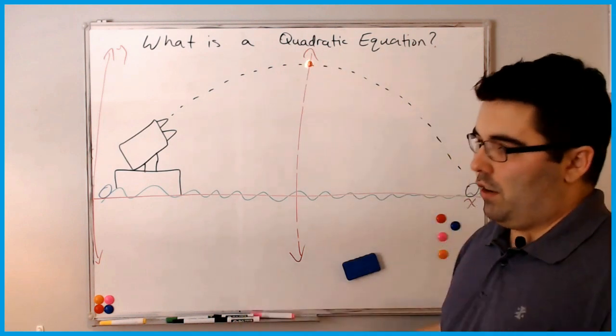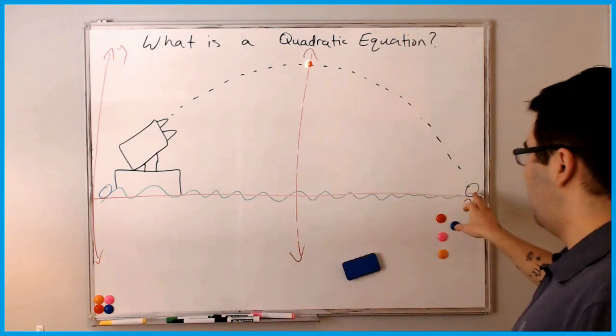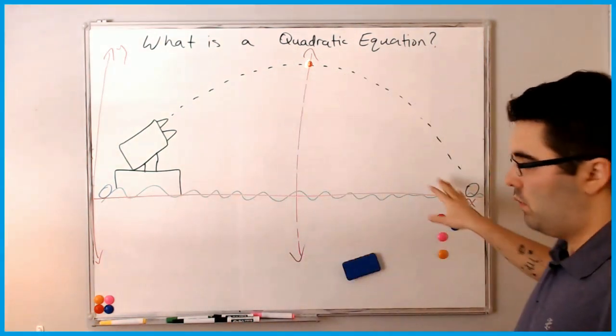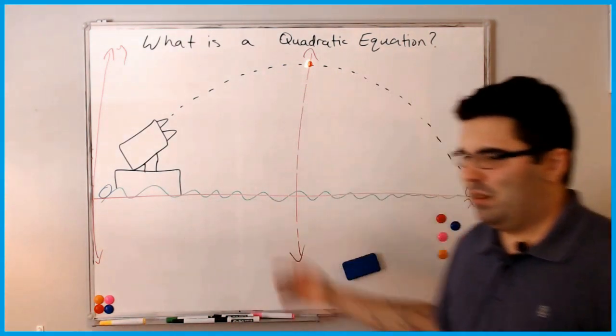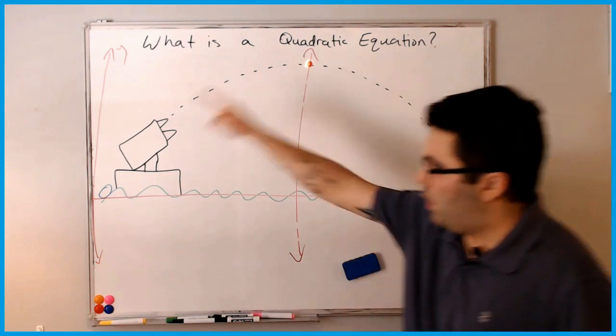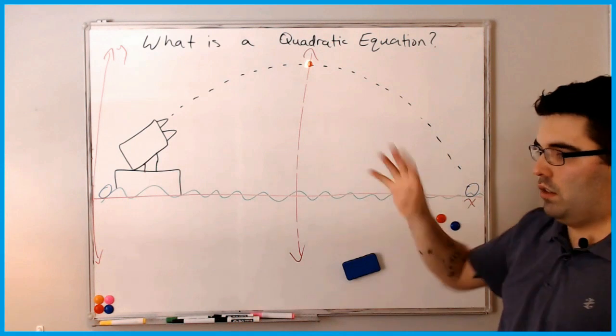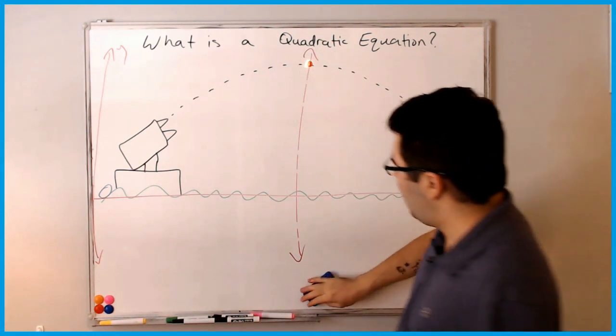So this is an example of why we're really interested in finding these beginnings and endings. And it's not just missiles. Anytime you throw something in the air, anything that has parabolic motion, anything that makes a parabola, it's going to follow these equations. All right.